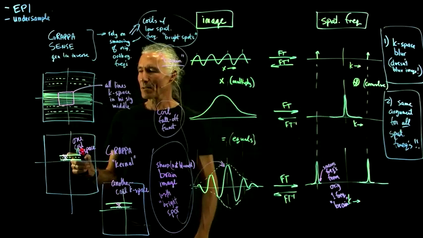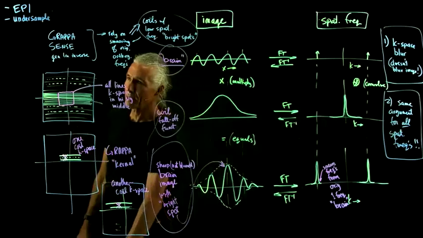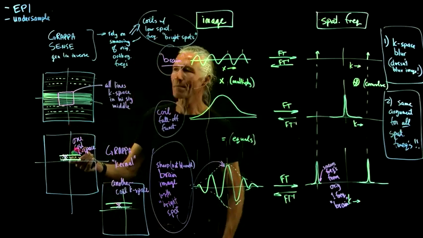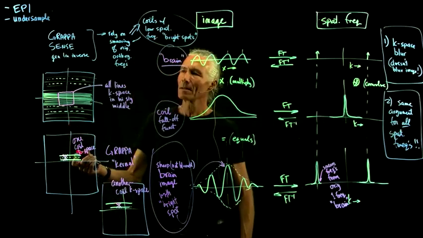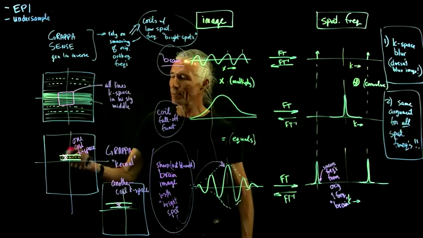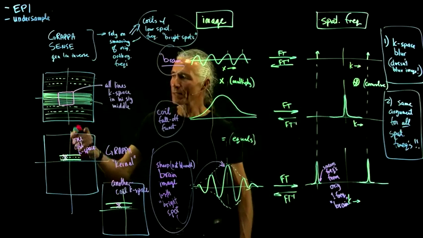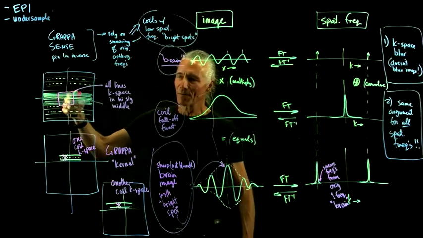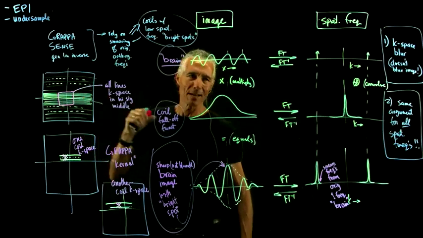And so this is a big speed up, because we only collected half of the data. We essentially just skipped every other line of K-space and then filled it in by taking our first scan where we collected every line of K-space.